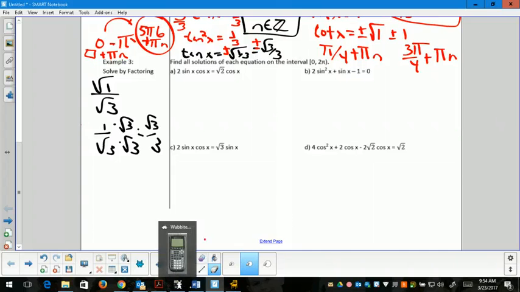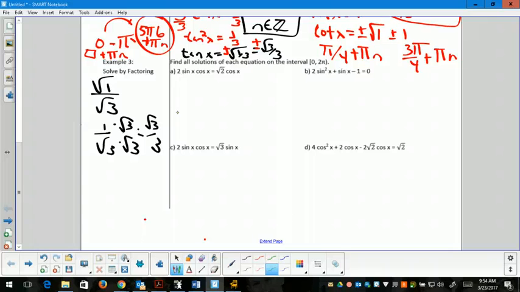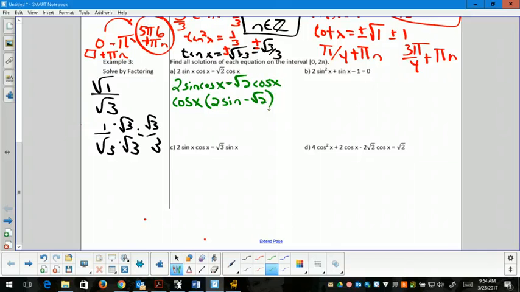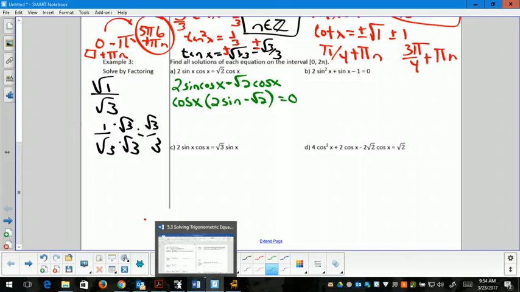And, no, not fractions or functions, although we are working with functions. So we have 2 sine cosine x minus square root of 2, that's a minus sign, minus square root of 2 cosine x. I'm going to factor out the cosine of x, leaving me with 2 sine minus square root of 2 equals 0.